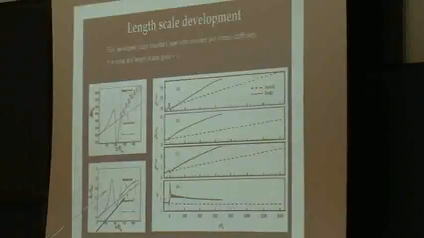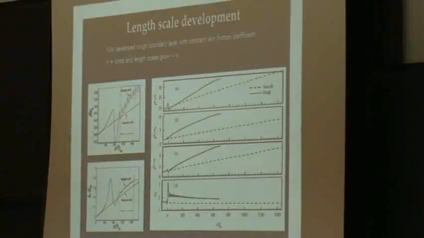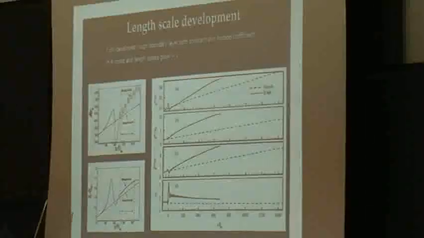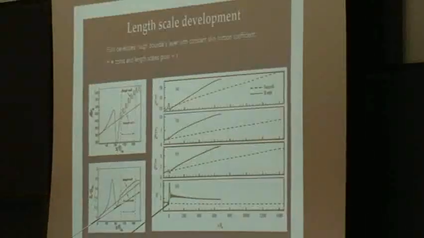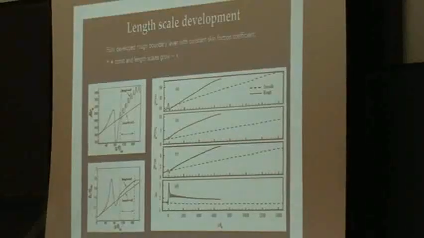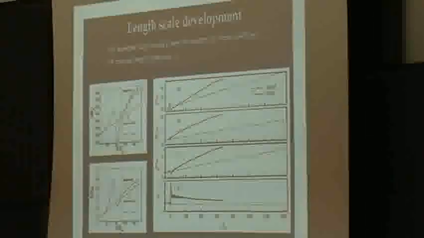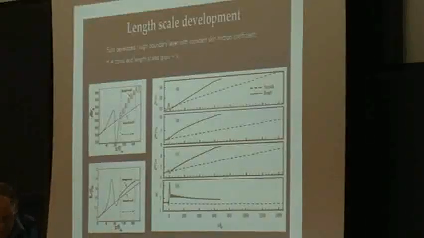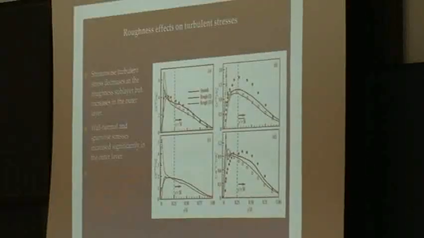And if you have a constant skin friction coefficient, which you will expect to have if the flow was fully developed and the roughness elements are reasonably large, based on what you've seen on the Moody diagram, then all the length scales should increase linearly with distance, and the shape factor should be constant. So it's still not fully developed perhaps, but it's on its way towards a constant shape factor. And then the stresses.